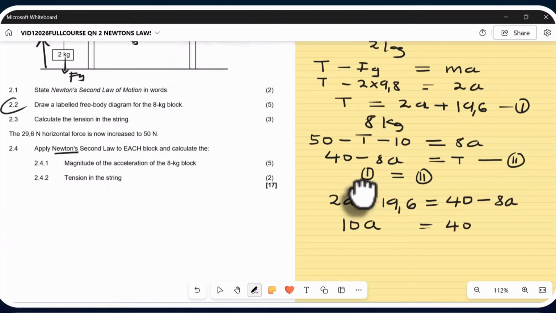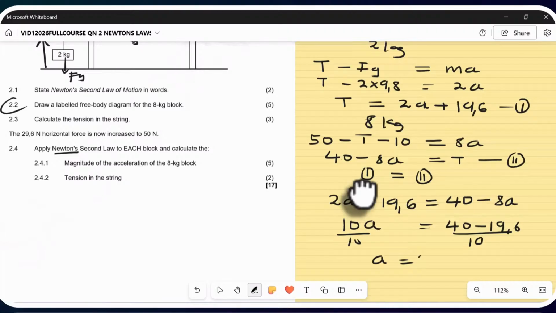So our acceleration equals what? Calculators, what do you get there? The acceleration equals 2,04 meters per second squared. Okay, that is it there.